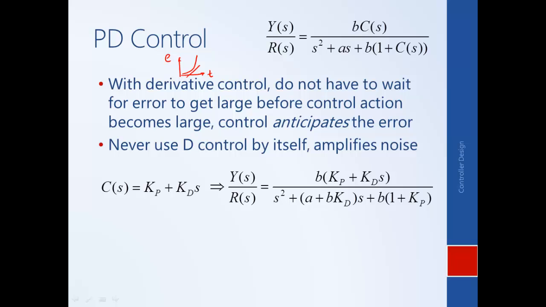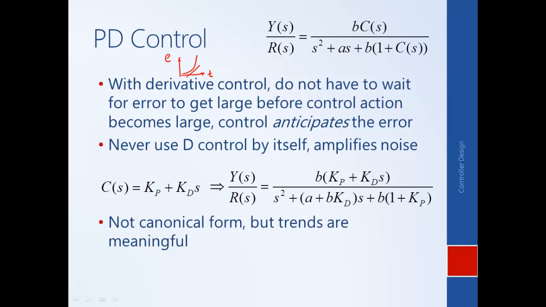Looking at this, it's not a canonical second order system because of this zero. That being said, we can still use this transfer function to build some insight. We may not be able to predict the precise behavior of the system, but we can at least understand the trends in terms of the effect of increasing Kd.